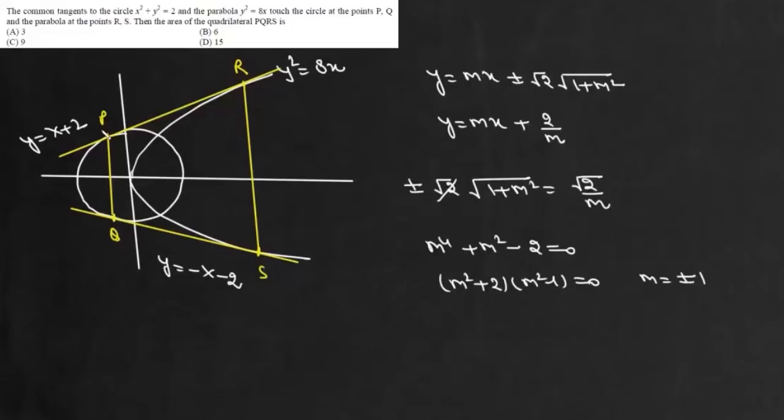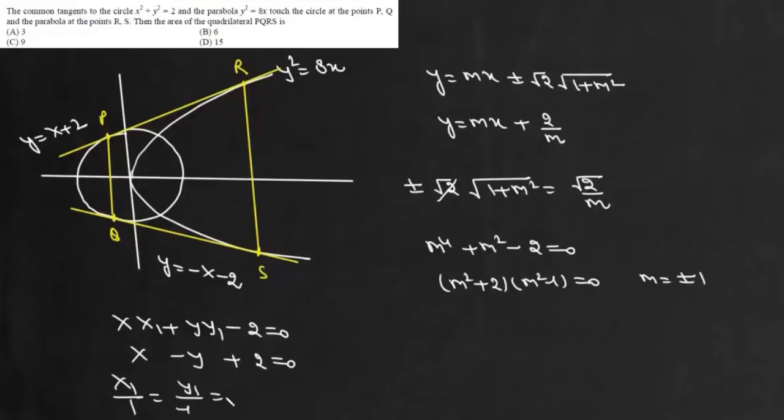Now we have to find these points of contact P and Q. Suppose this P is x1 y1, then equation of tangent to this circle will be given by x1 x plus y1 y minus 2 equals 0, and we'll compare it with x minus y plus 2 equals 0. So from here we get x1 upon 1, y1 upon minus 1, it is equal to minus 1. So this point of contact is minus 1 comma 1.